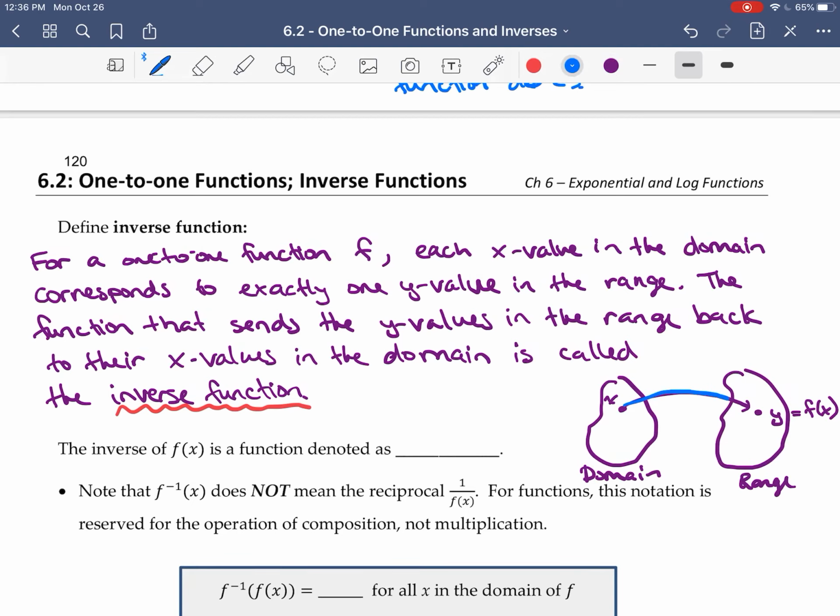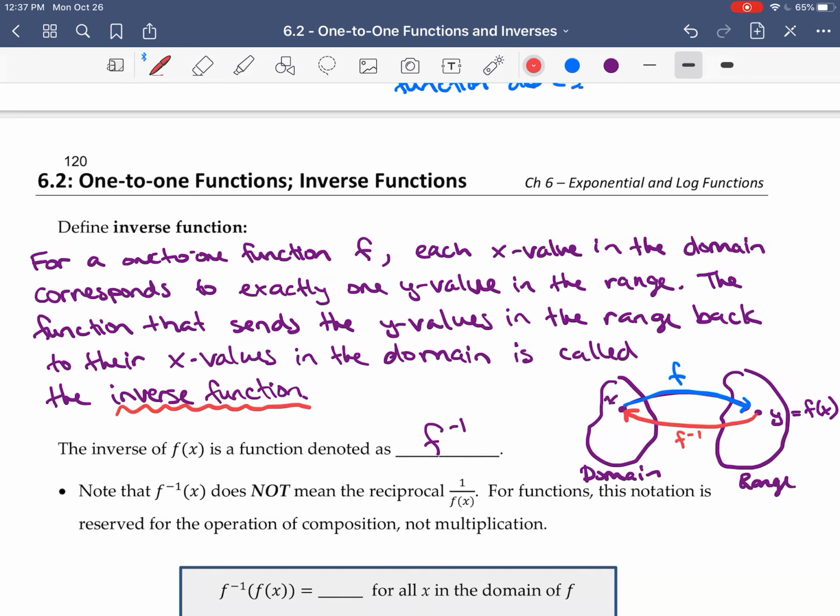That arrow is for the function f. Now the function f inverse, which I should give you that notation, we denote with f to the minus 1. That's going to take this y value and send it right back to that x value.